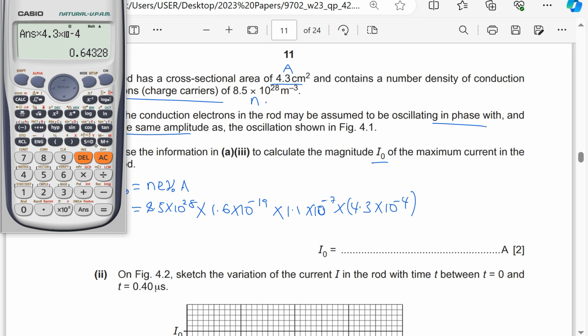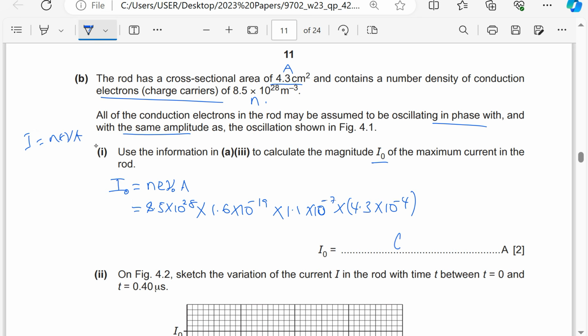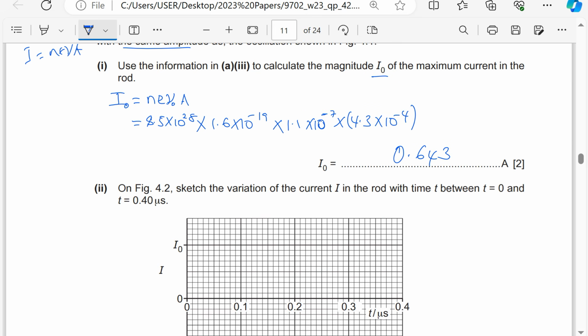So this gives me 0.643. Okay, 0.643 is fine.